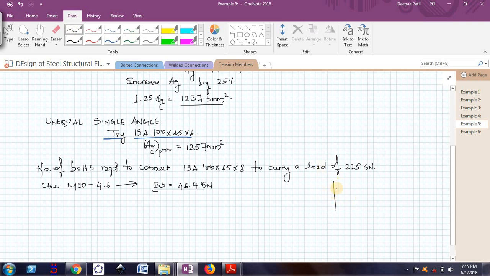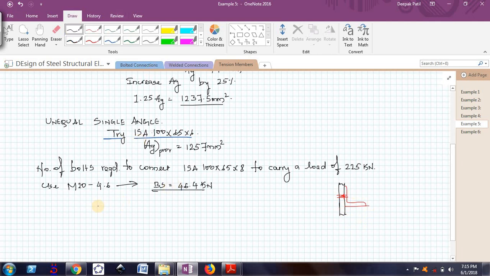So if this is a gusset plate, and if this is an angle, right, so the bolt will be provided here, so there will be only one single shear plane, so it is a single shear problem.